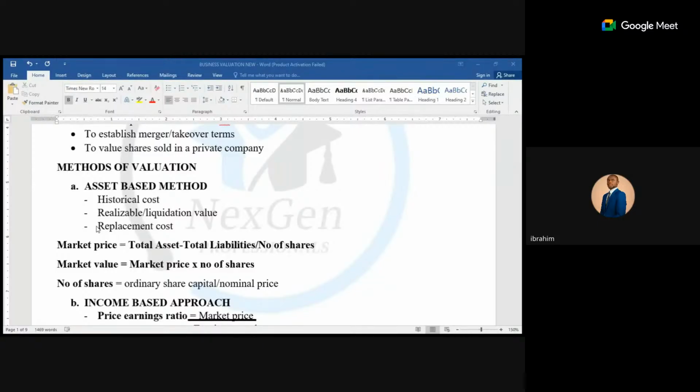You bought an asset in 2023. Now, you are in 2025. What is the historical cost? What is the value then? Now, is it a good method of valuation? That is another question.